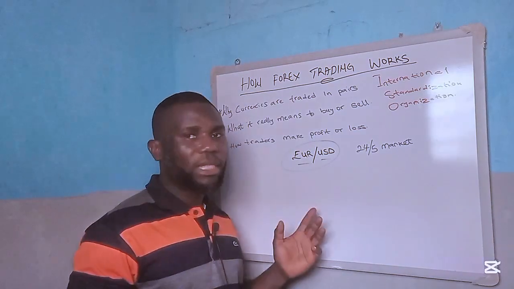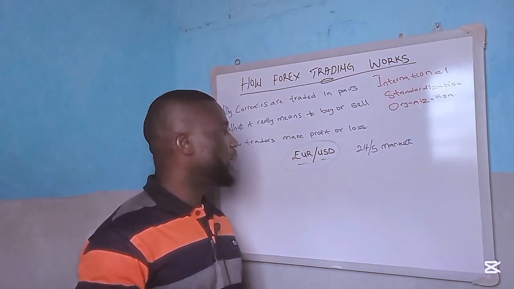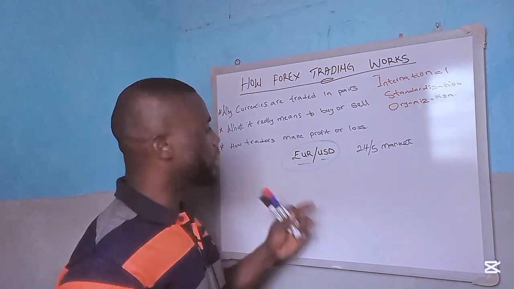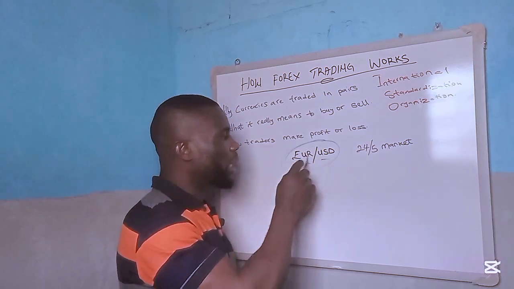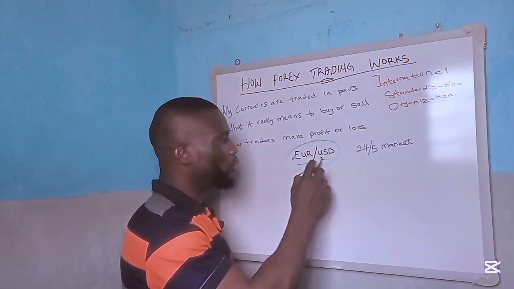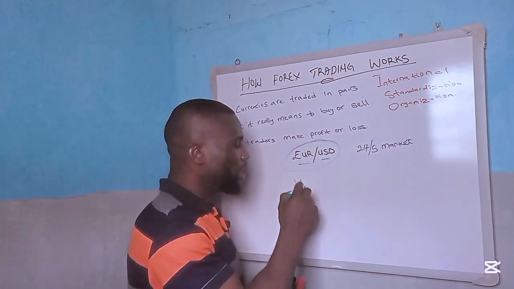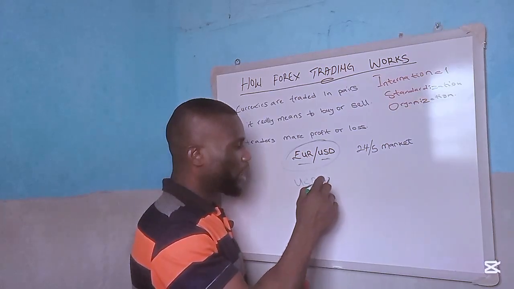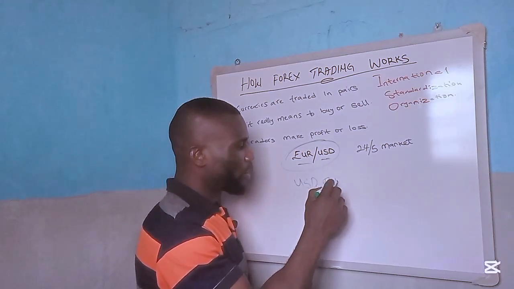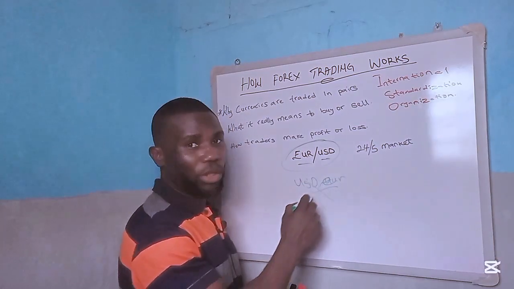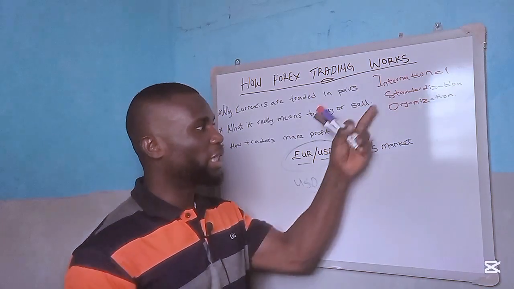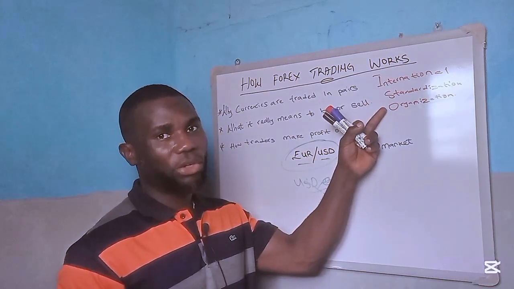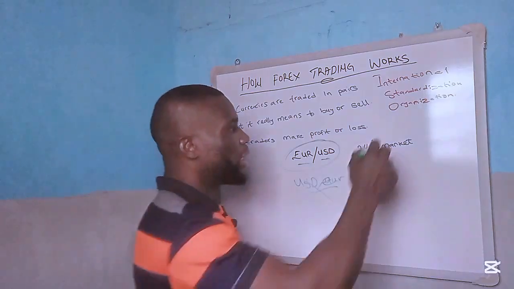So currencies are usually traded in pairs, and you cannot change the order. For example, EUR/USD. You cannot see USD/EUR. It's not possible, because of this organization, the International Organization for Standardization, ISO.